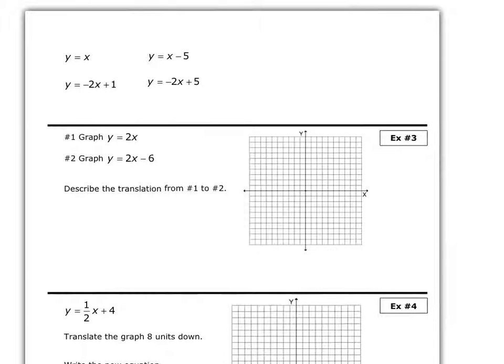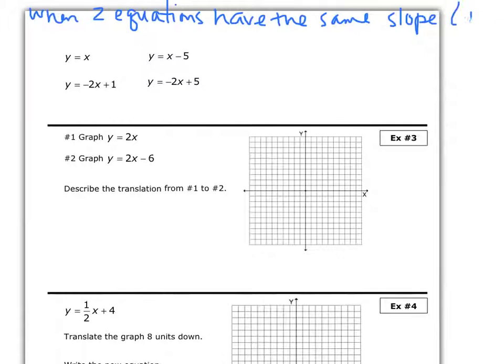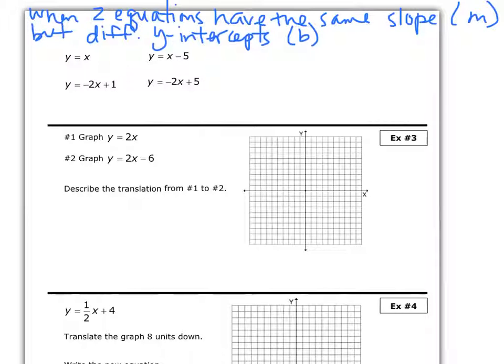What I want to write at the top is: when two equations have the same slope (in parentheses, m, because that's what my slope is) but different y-intercepts (in parentheses, b), it's called a translation.